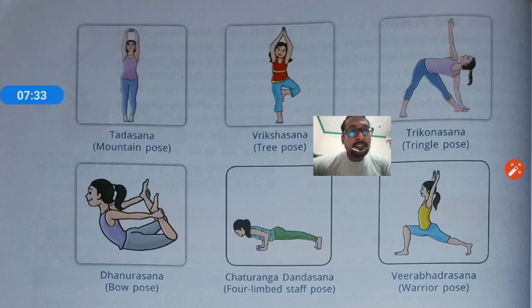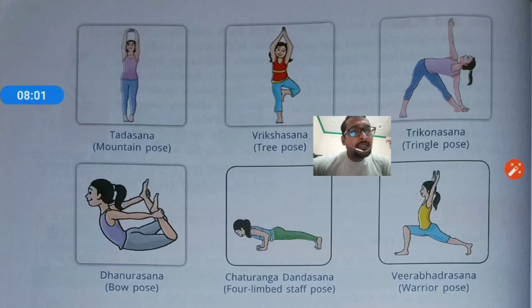Next you have Vrikshasana. Vriksh means tree in Hindi. Vrikshasana is the pose which helps you in making your body posture upright and healthy. Your balance will be right, as you are standing on one leg.